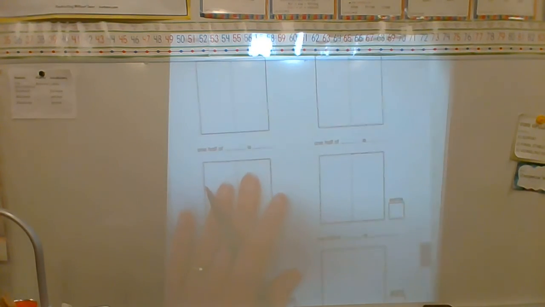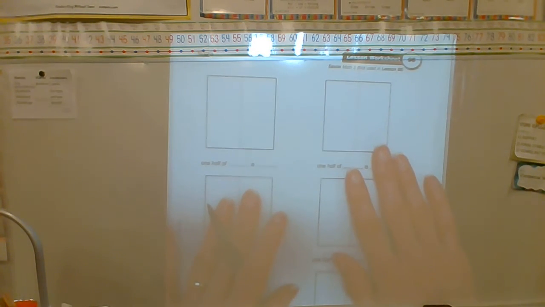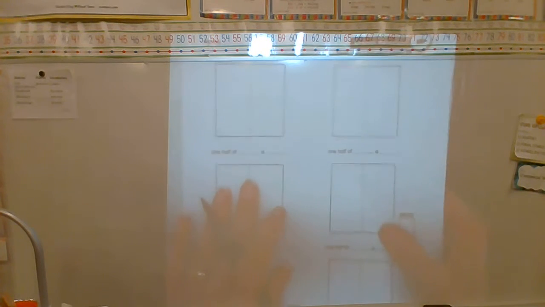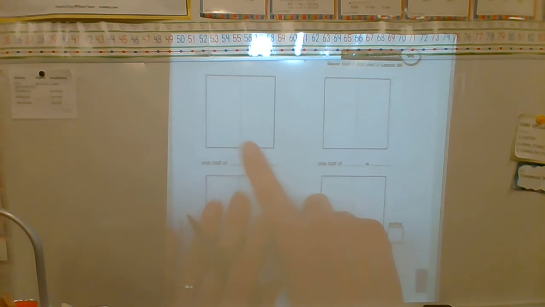Okay, worksheet 96. On this worksheet, we are going to practice dividing and sharing equal numbers of pennies in this first box, okay? We're going to draw a picture in the first box to show how many pennies you and a friend will each have.